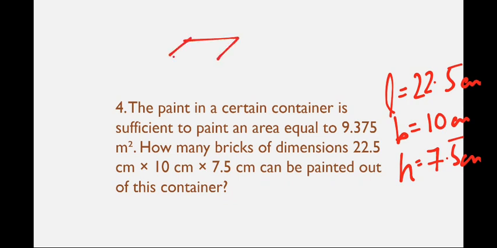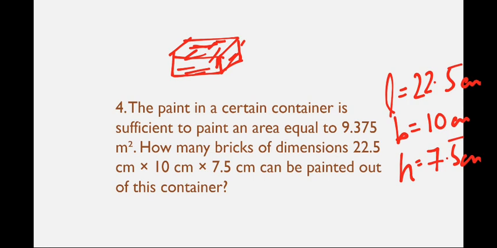Now you have to paint each brick. You have to paint all faces of these bricks. So how much paint do you need? The amount of paint is equal to the total surface area of the cuboid.